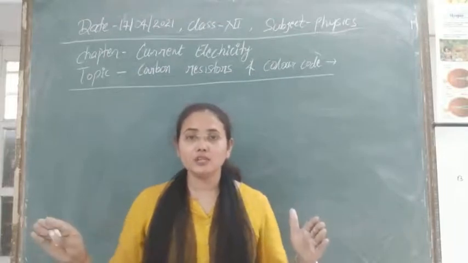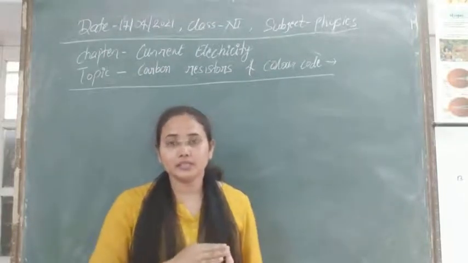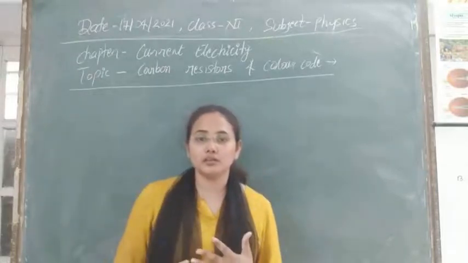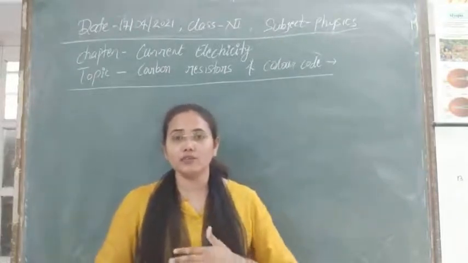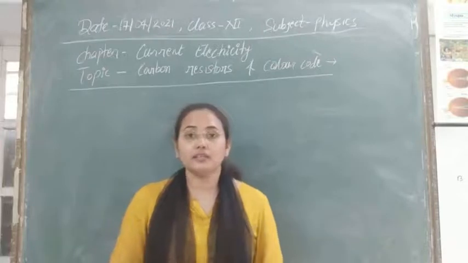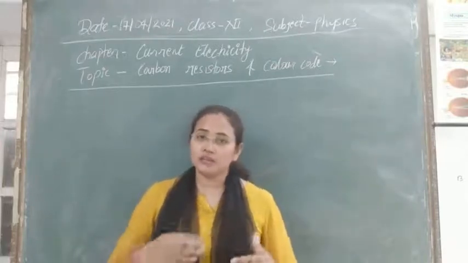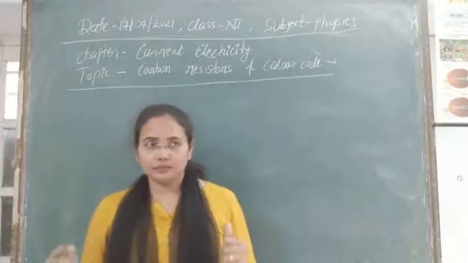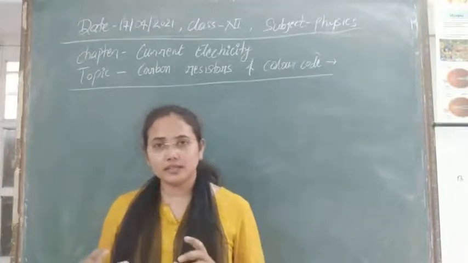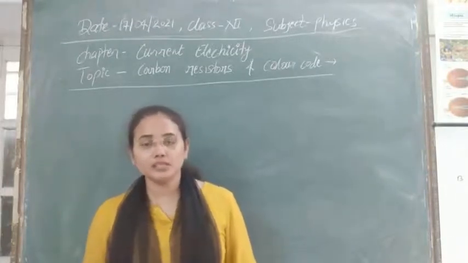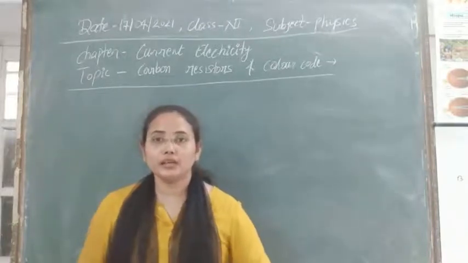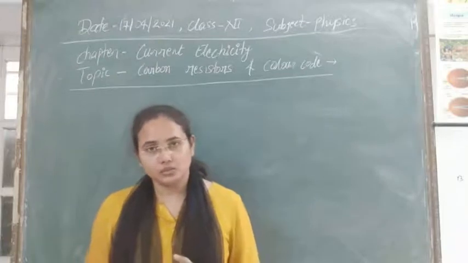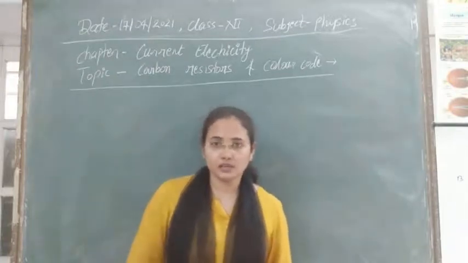So we can use such resistors widely in electronic circuits. Whatever resistance we need, we can use carbon resistors for it. In most electronic circuits we use such resistors due to their range, and their cheap and compact nature. So I think carbon resistor is now clear.